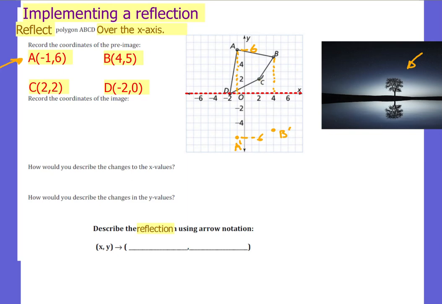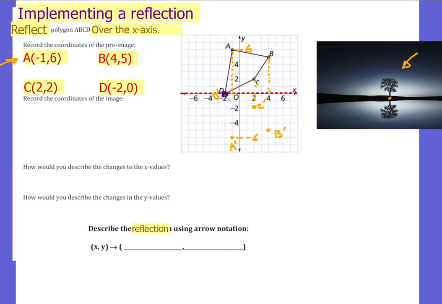C prime was 2 above. Let's put it at 2 below. And D is kind of the interesting one, because if you can see it's right at the base here, it won't really reflect down at all. So D actually stays where it is. D is the same point as D prime. And now we just connect our dots.